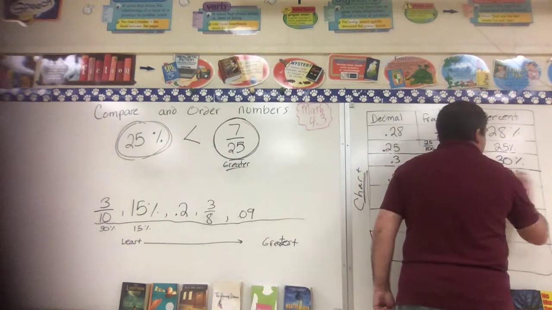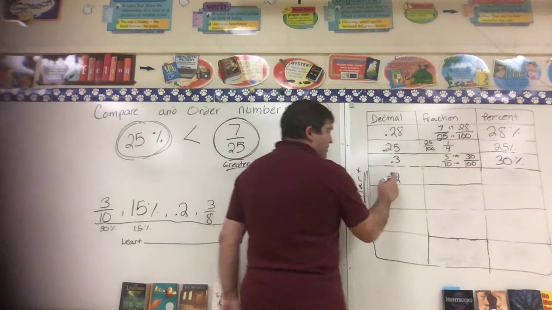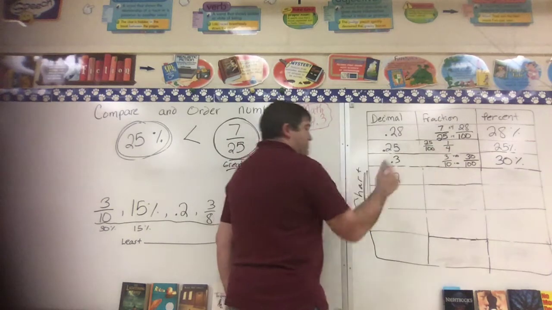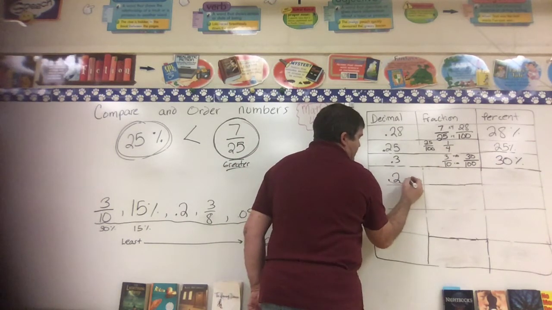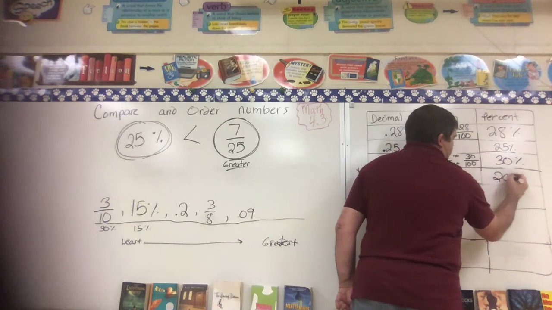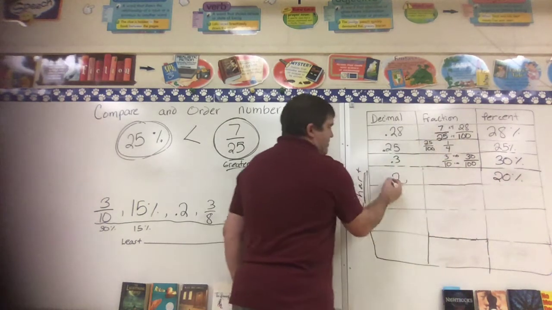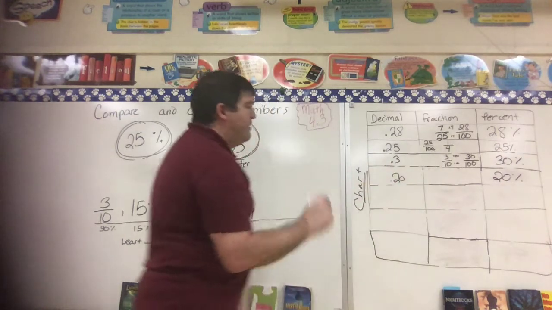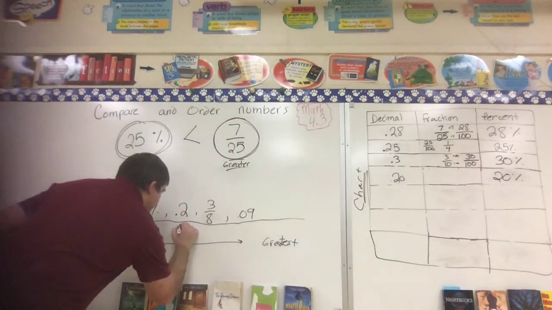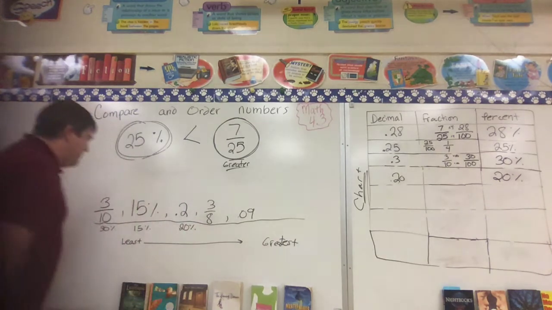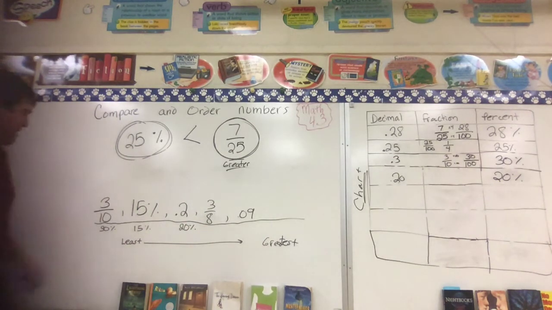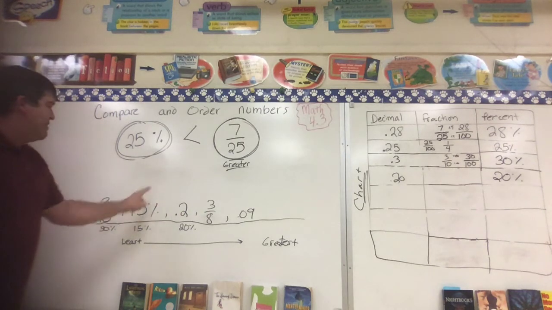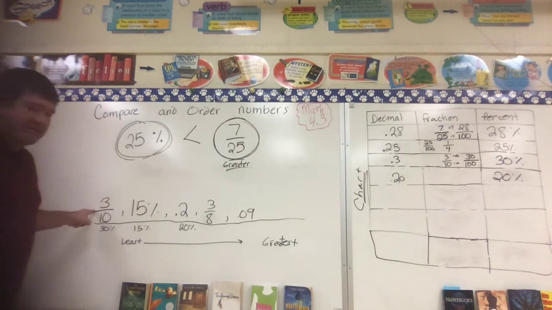I could go to a fraction, then to a percent, but I'm just going to skip right to the percent. Go over 2, put my decimal, it's 20%. So 0.2 is the same as 20%. Put that down there. Okay, now with these three, I kind of have a middle. This one goes in the middle. 15%, then 0.2, then 3/10.